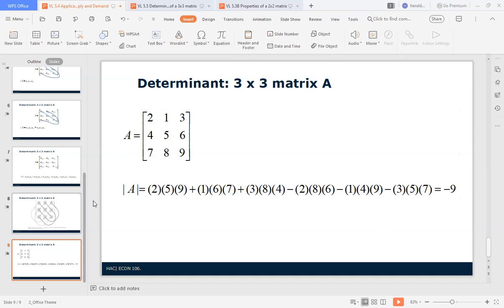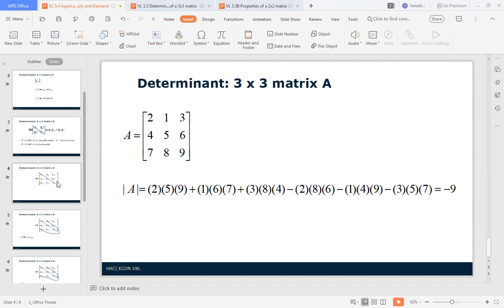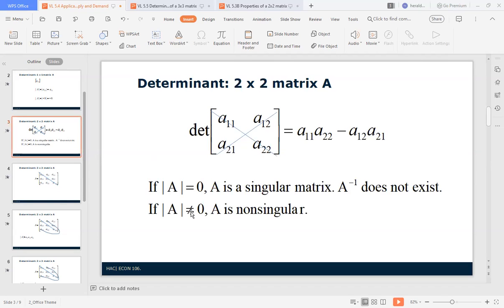So again, what is the implication of getting a determinant that is not equal to 0? Since our determinant is equal to -9, then it is not equal to 0. Therefore, it is non-singular. And we can go ahead and solve for the inverse of that matrix. Okay.